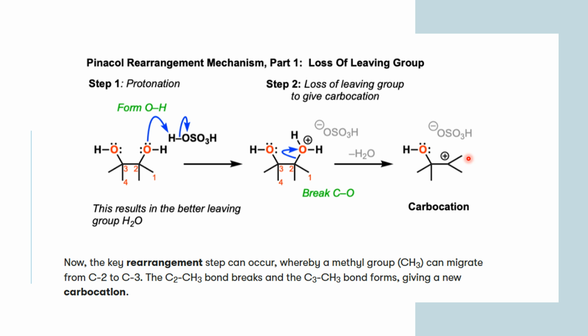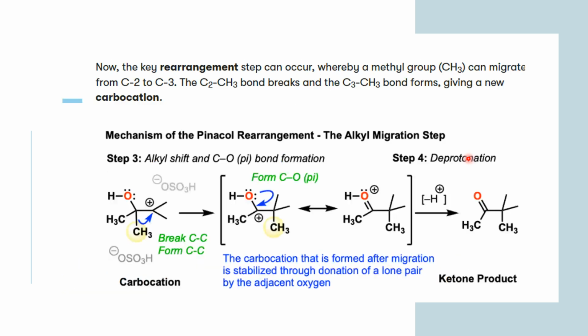After this carbocation forms, the stage is set for the key rearrangement step. So let us look at the subsequent step where the rearrangement finally takes place. This carbocation is ready to undergo an alkyl shift as shown here.